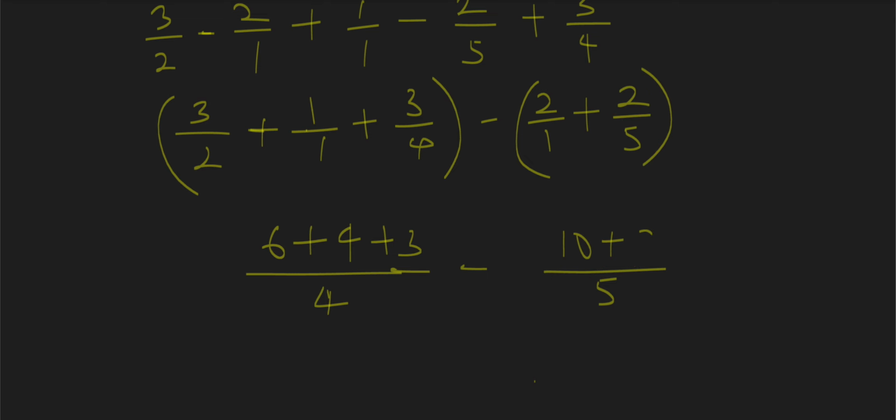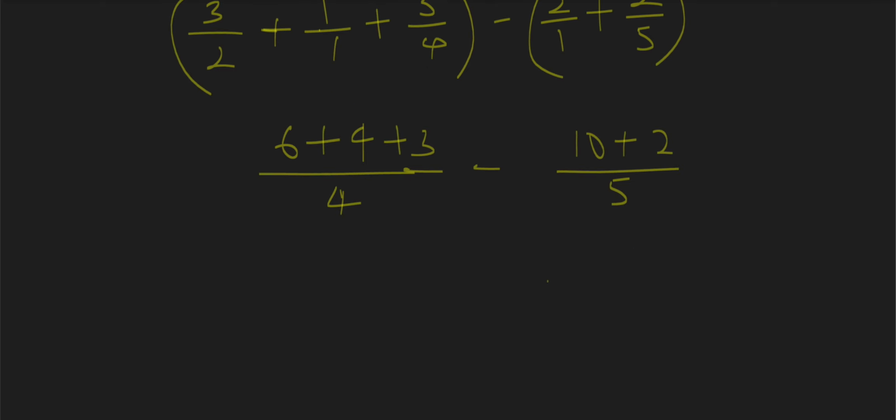So we have 10 plus 2 over 5. All right, adding up, 6 plus 4 plus 3, that's 13. So this is 13 over 4 minus 12 over 5.